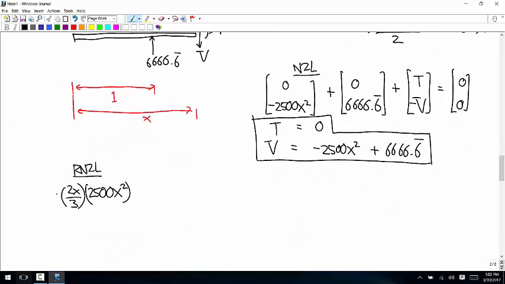Negative, yep. What about the 6666? That's positive, and its moment arm is 1. And then we have plus M minus Vx is equal to 0.